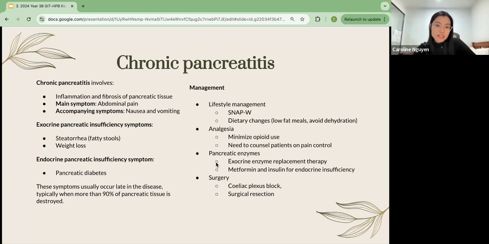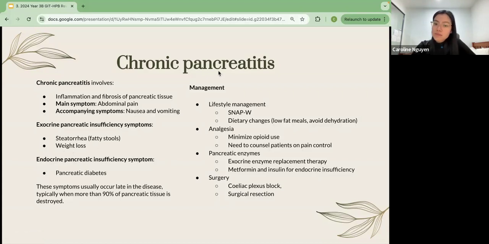Chronic pancreatitis. This is an R2 condition. I've only included it because it seems relevant to acute pancreatitis. The main thing is that you can have exocrine insufficiency. So that's the symptoms of pancreatic insufficiency, such as fatty stools and weight loss, but you can also have it relate to pancreatic diabetes.